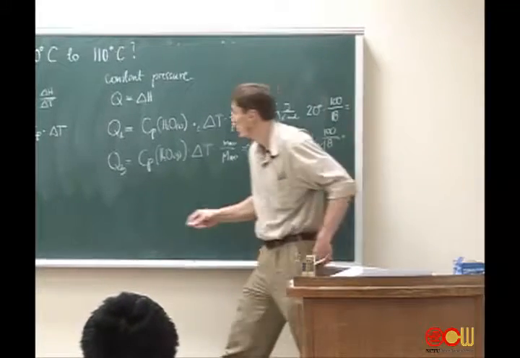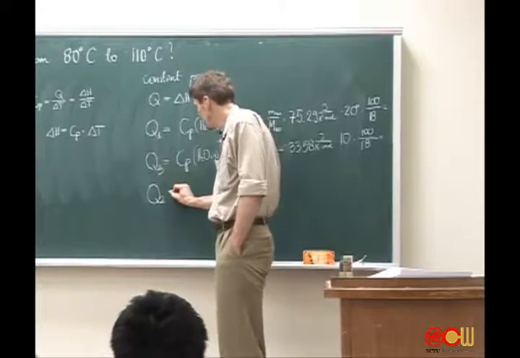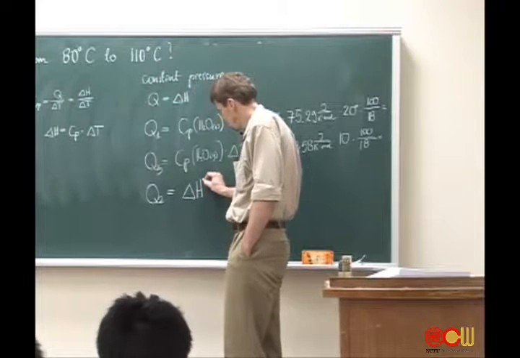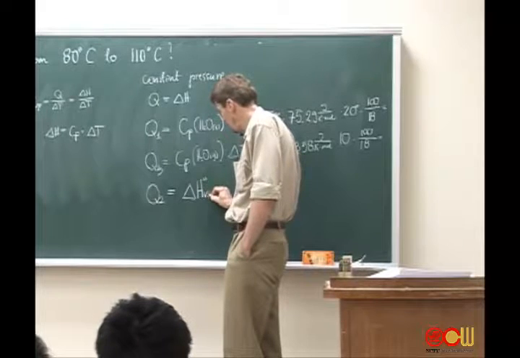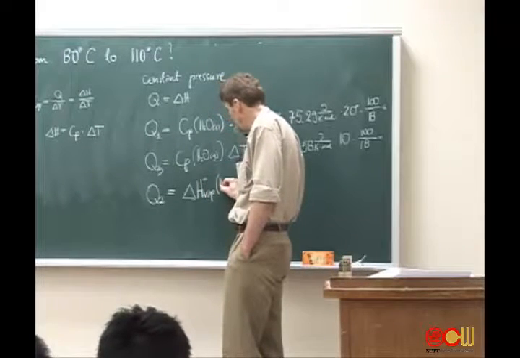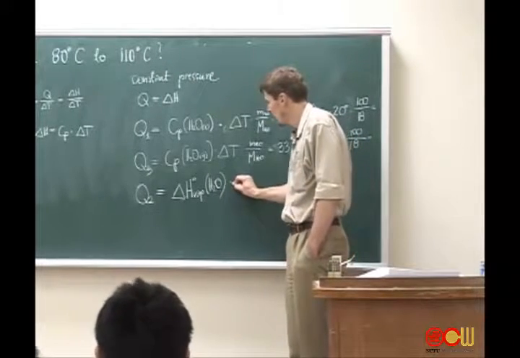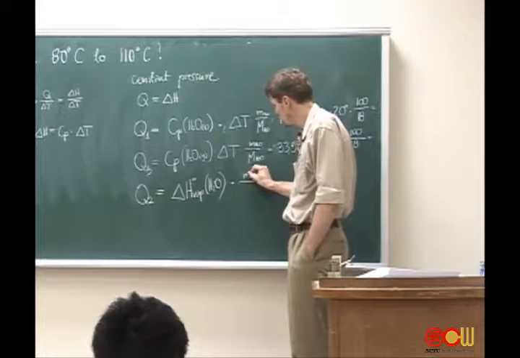Good. What happens with Q2, vaporization? That would be easy again. That would be the standard enthalpy of vaporization of water, and this is per 1 mole. So now we have to change it to the grams we have.